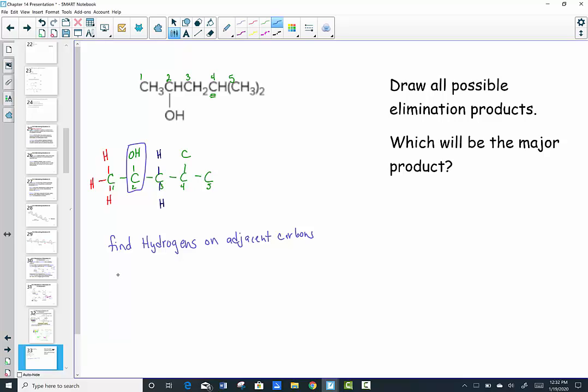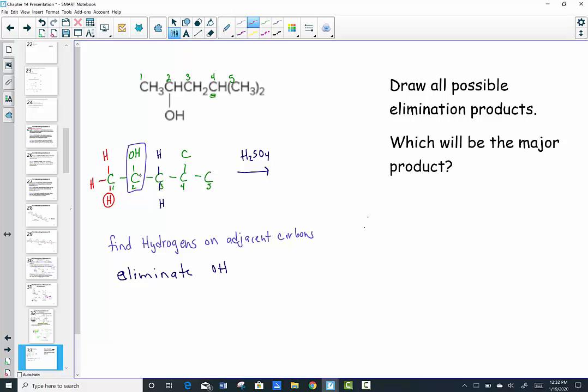I have to eliminate the OH and a hydrogen from an adjacent carbon. So you'll see on the arrow H2SO4, a very strong concentrated acid to force dehydration. Now let's eliminate a red hydrogen first.